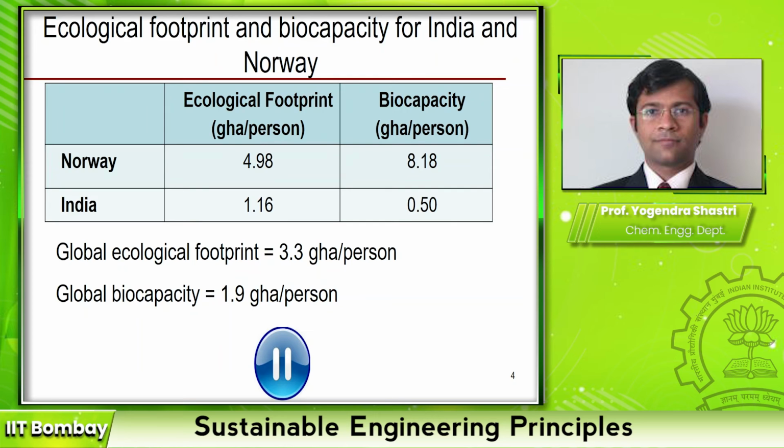In other words, if you consider only resources available in India, only 0.5 global hectares can be allotted to a single individual. But we are actually using 1.16. So purely at the national level, we are not sustainable because we are consuming more than our biocapacity. Our ecological footprint is more than our biocapacity.